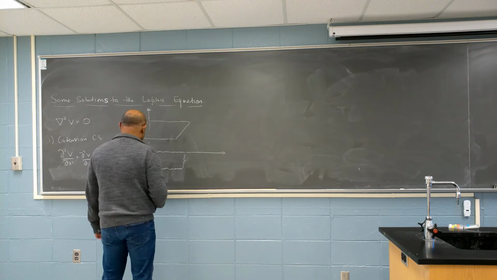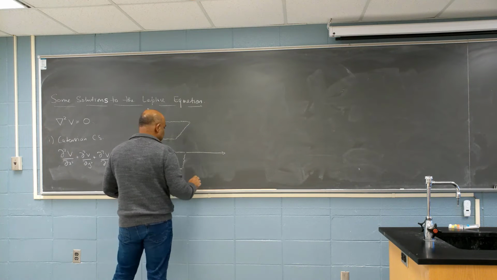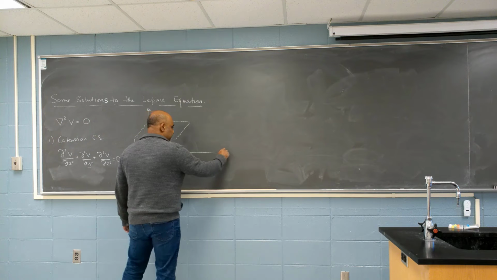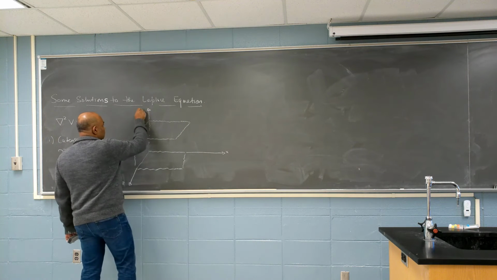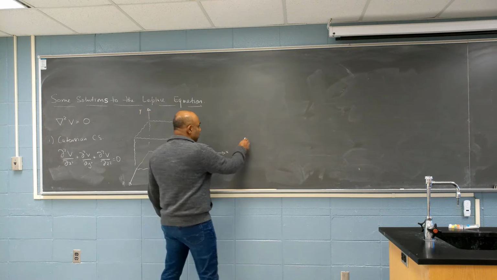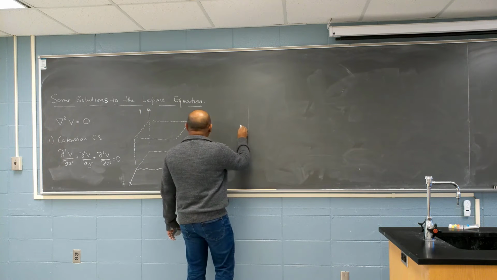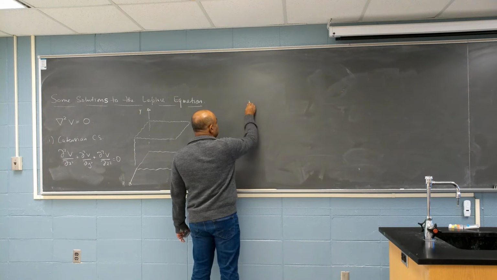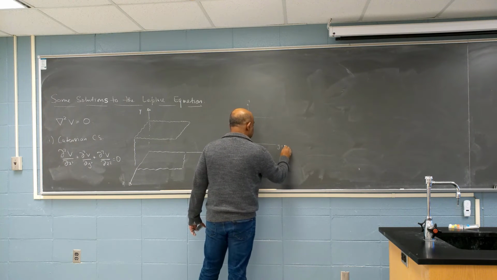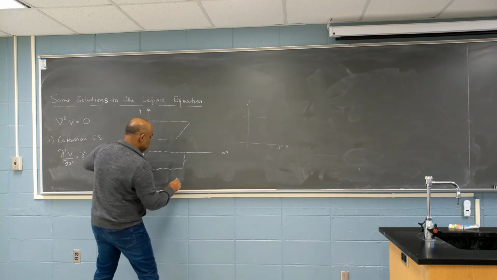And again, Griffiths uses a useful coordinate system. I'll show you why. This is Z, this is X, this is Y. So let me give you another perspective. Look at the diagram in the textbook. So what you have is, this is my Y-axis, and this is Y equal to 0.